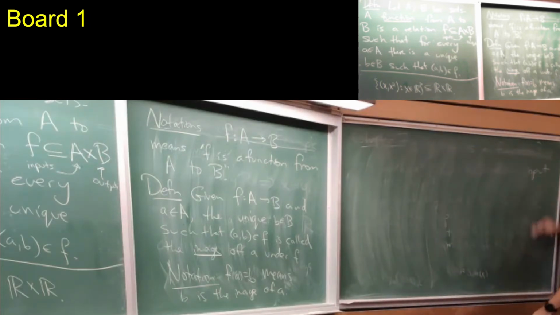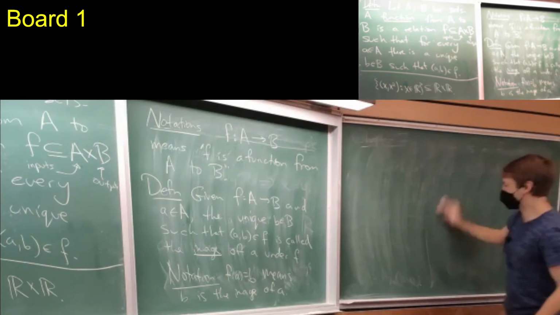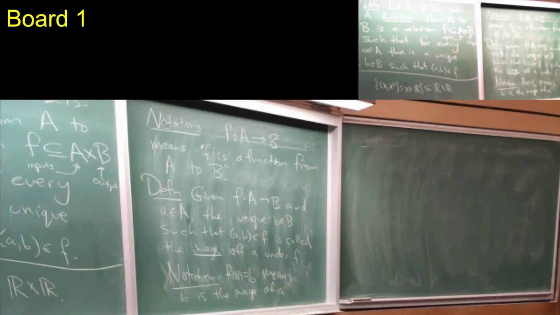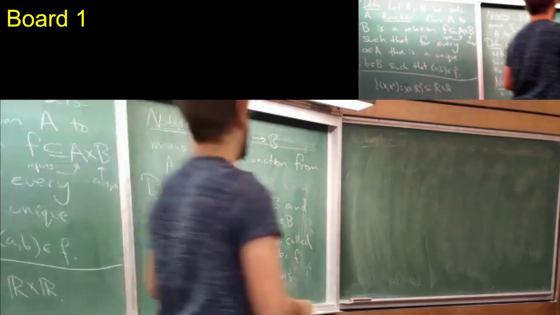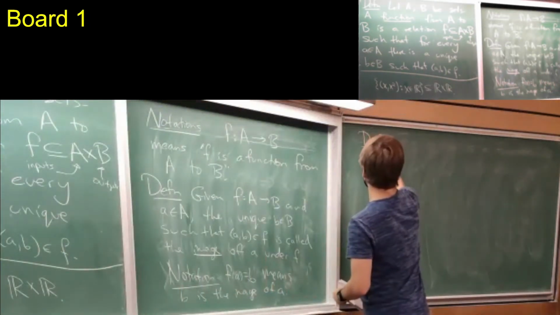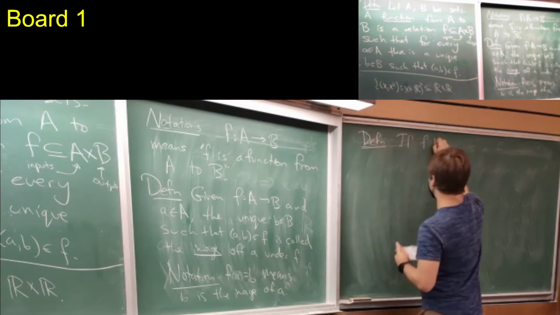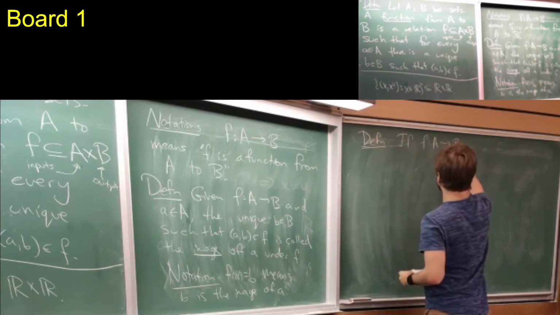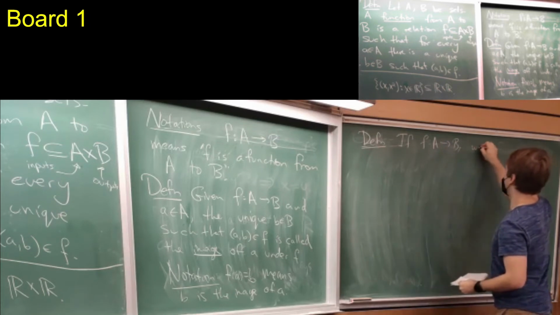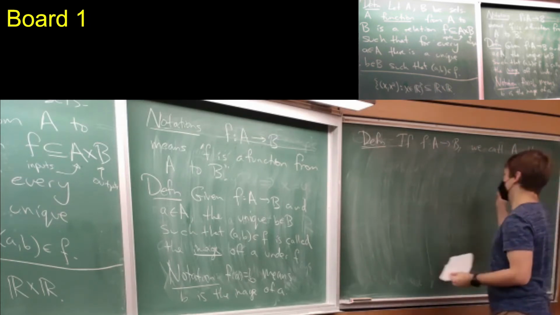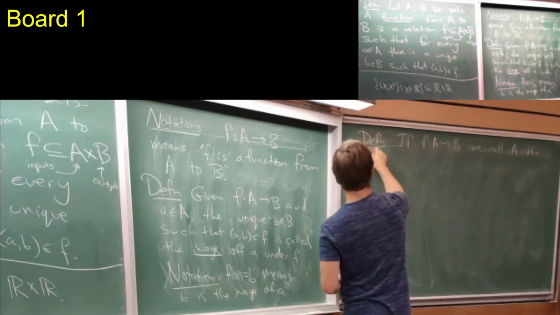So let me give some more definitions, and then we'll look at some examples, and hopefully it'll become a little bit clearer. If f is a function from A to B, we call A the domain of f. Probably you're aware of this terminology.